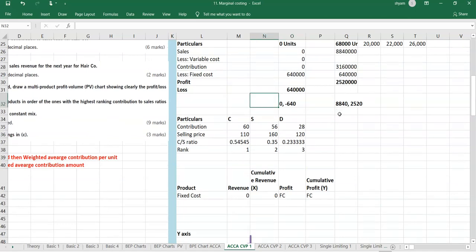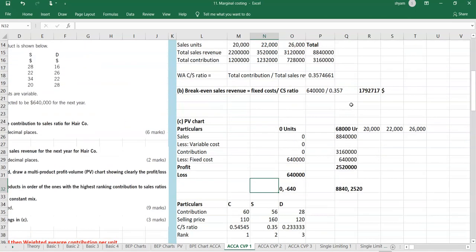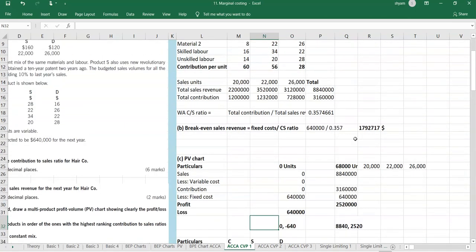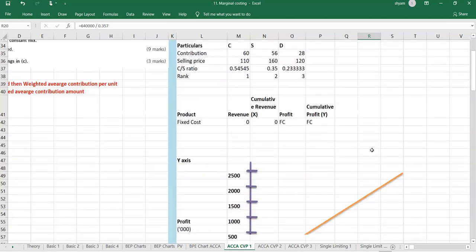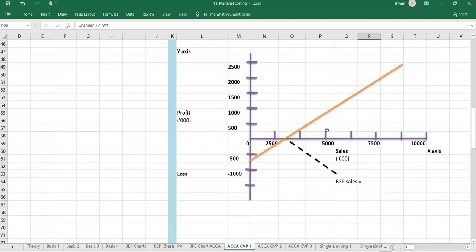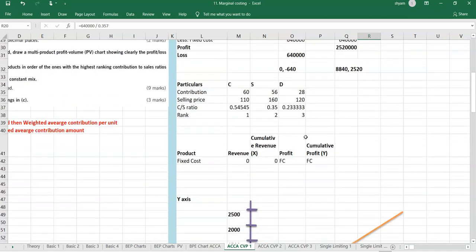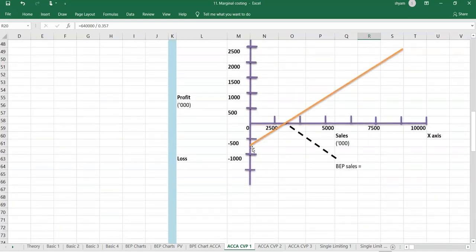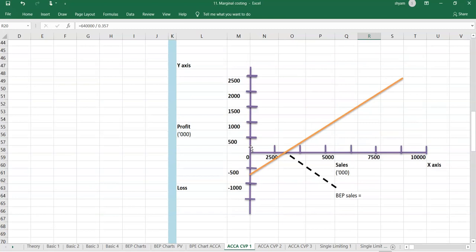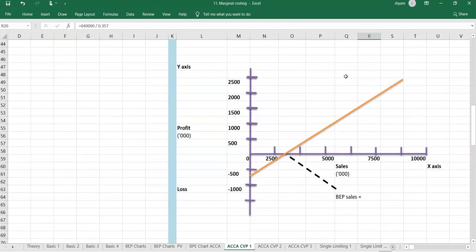Break-even sales value, we have already worked it out. See, break-even sales value is 1,800 if we don't take the zeros into account. We incur a loss of 640. 640 is correct. 2520 total profit.